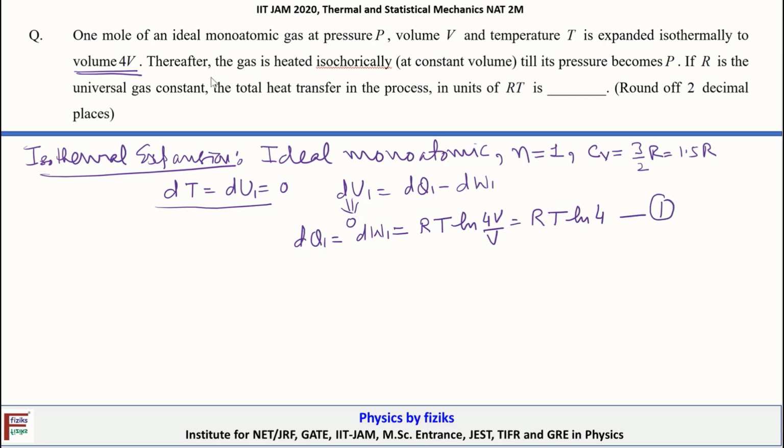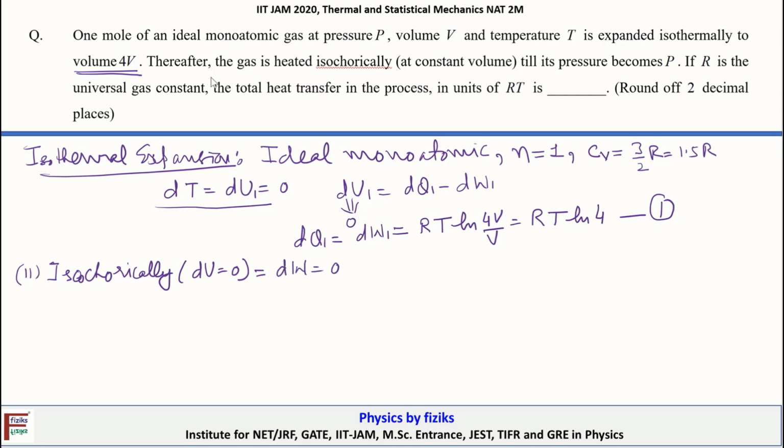Now come to the second part of the question. The gas is heated isochorically. So dV is equal to 0, which means no work is done, dW is 0.